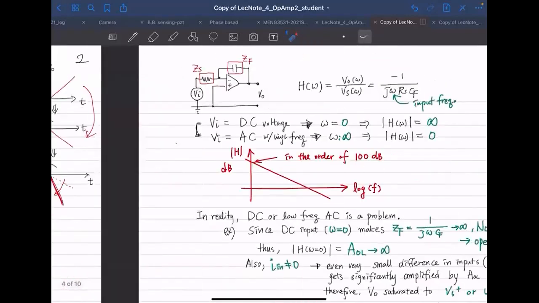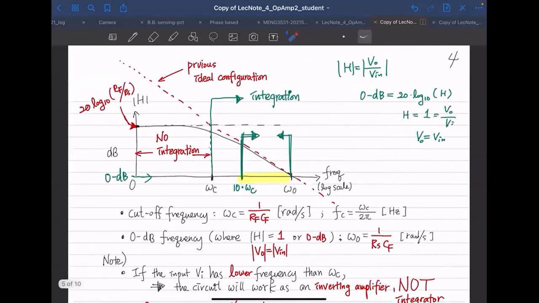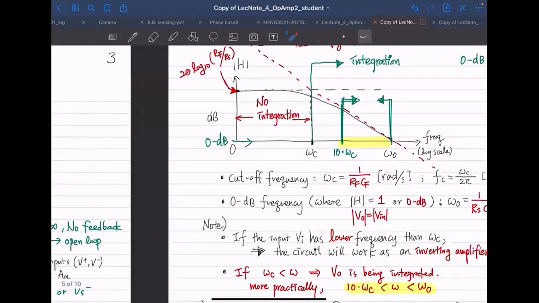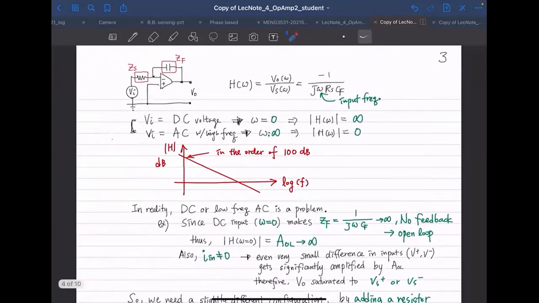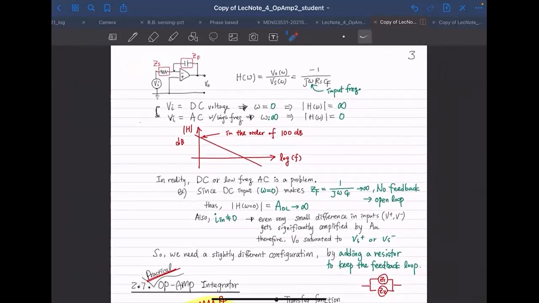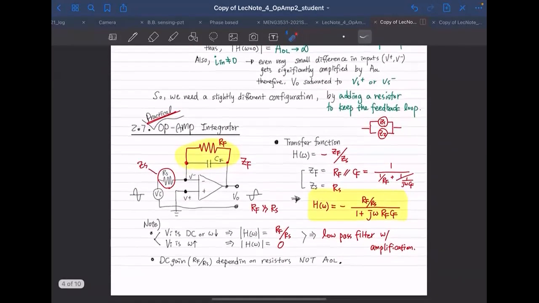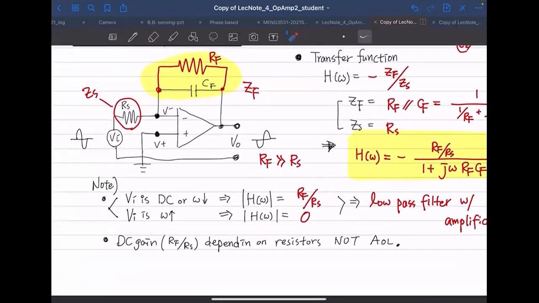So let's get back to where we left off last time. We have been talking about operational amp integrator circuits and how this evolved.